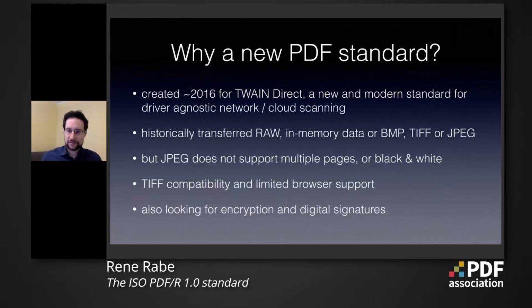JPEG, for example, doesn't support multiple pages or multiple images. As you might have noticed, you take a photo, you have one JPEG, and usually you probably want to scan more than one page. And also JPEG doesn't support black and white natively, like 1 bit per pixel. And we could also have chosen TIFF.